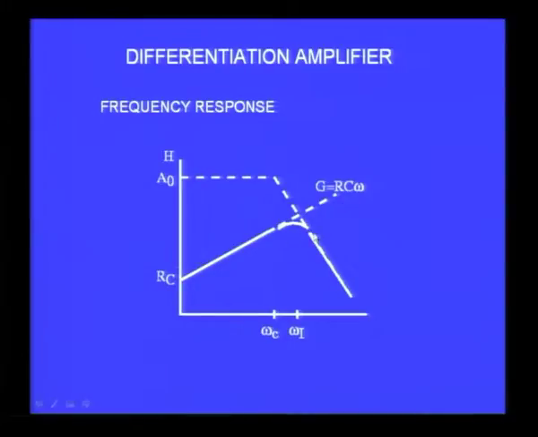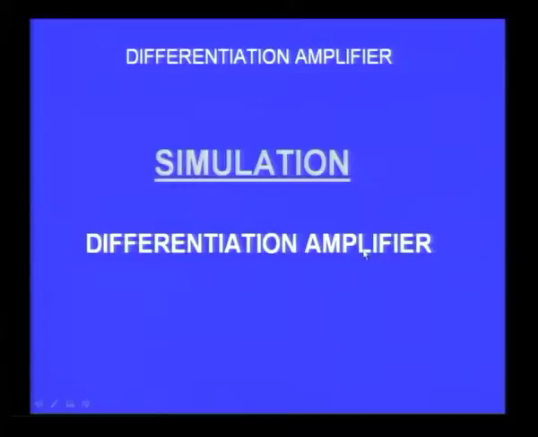Both of them give me a resultant which is shown by the solid curve here. Right. Therefore, basically we also saw that it is going to be a high pass filter, and that is what is also seen from the frequency response curve.